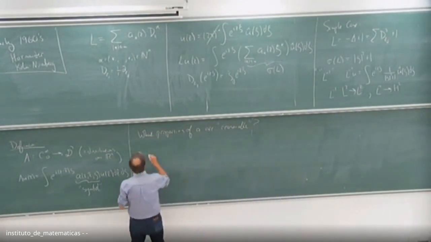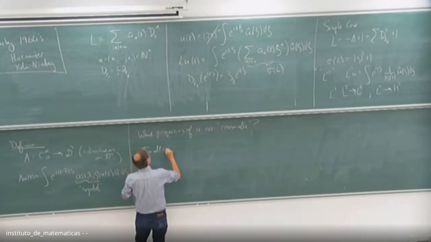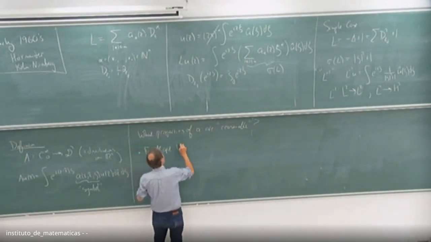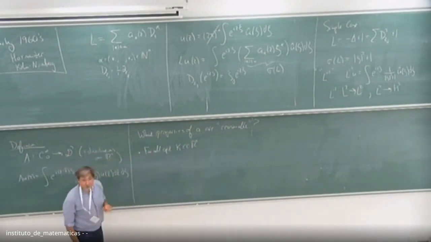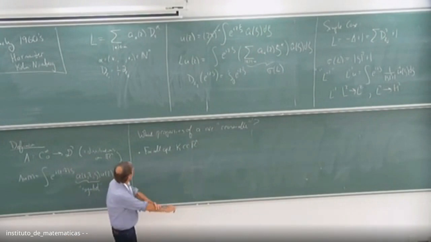So what I want to claim is, let me write it out a little more carefully. For all compact sets, this is on Rn. I'm keeping this living in Rn for the moment, but it goes on to manifolds very shortly.